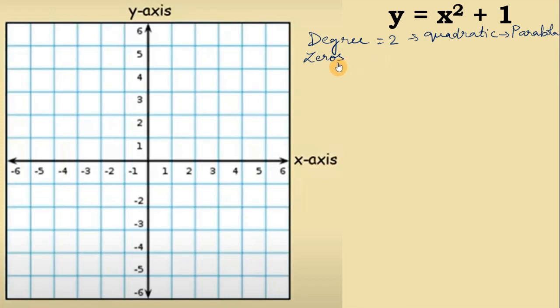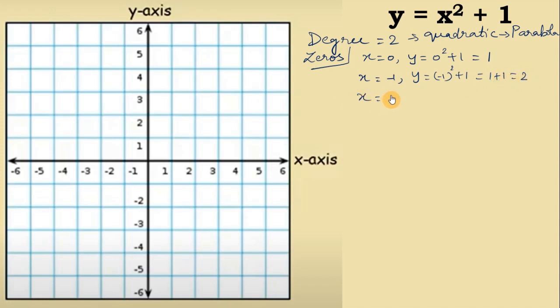If x is 0, the value of y will be 0 square plus 1, so it will be 1. If x is equal to minus 1, y will be minus 1 the whole square plus 1, which will be 1 plus 1, 2.